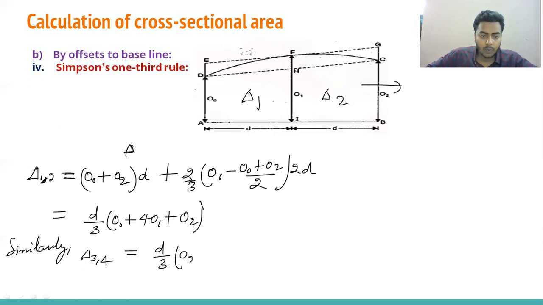So this will be O2 plus 4 O3 plus O4. Am I right? Similarly, you can write for delta.